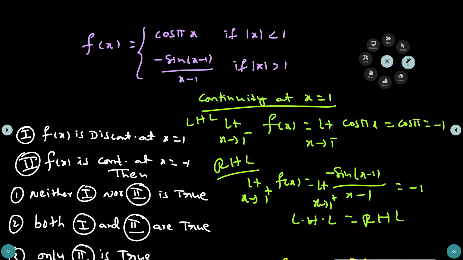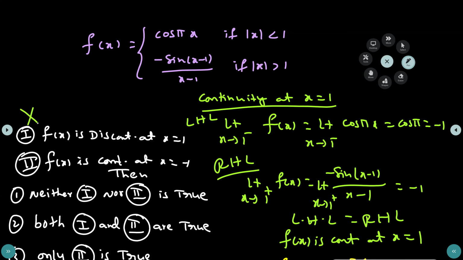So what is the statement? It is continuous. f of x is continuous at x equal to 1. But given is that f of x is discontinuous, so statement 1 is wrong here. Statement 1 is not true, because the given says it is discontinuous, but here we got continuous.